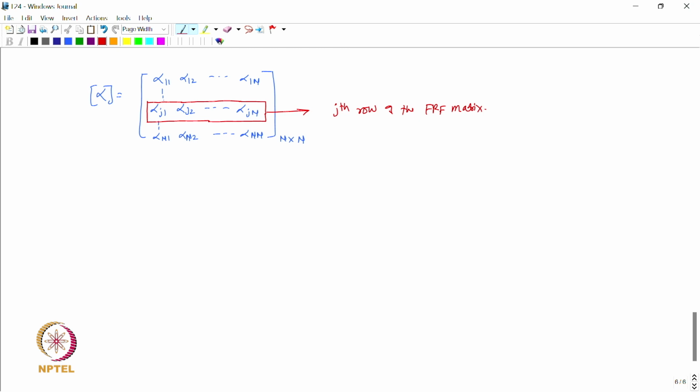When we measure this row, the response DOF is fixed at the jth point, so we always take the response measurement at the jth point, and the excitation DOF is varied from 1 to n.